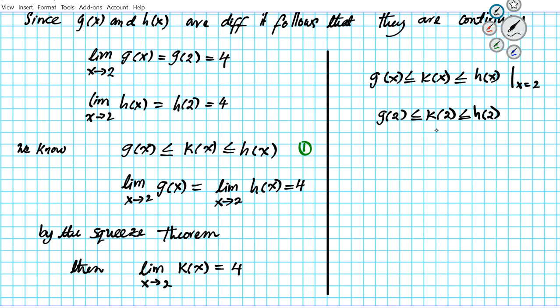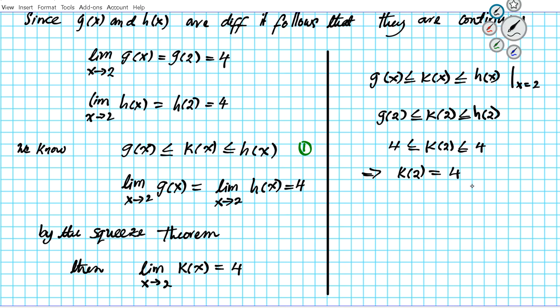But we know that g of 2 and h of 2 are both 4, right? So 4 is less than or equal to k of 2 is less than or equal to 4. So what number is between 4 and 4? It has to be 4. So this inequality automatically follows that k of 2 is equal to 4.